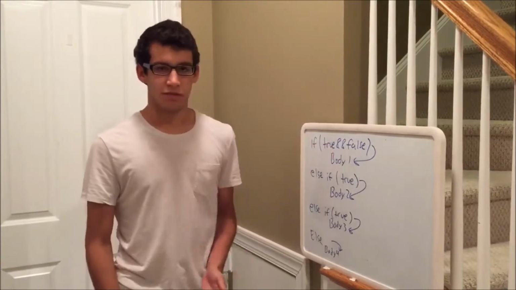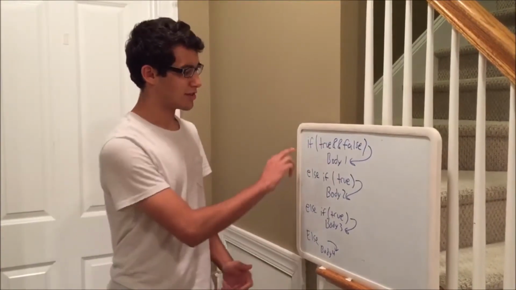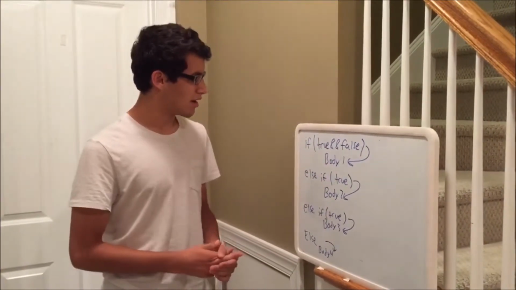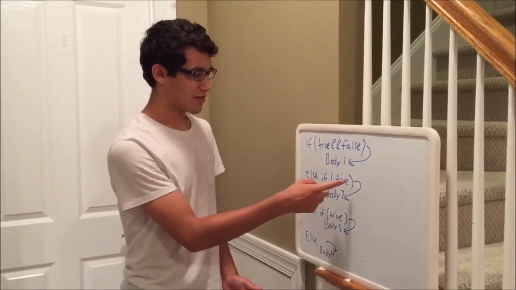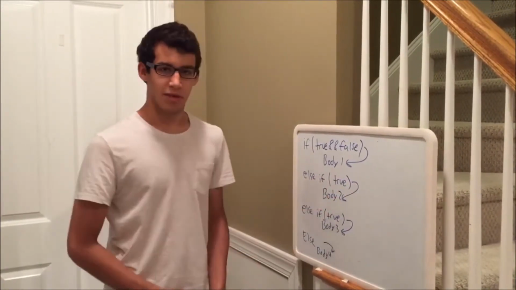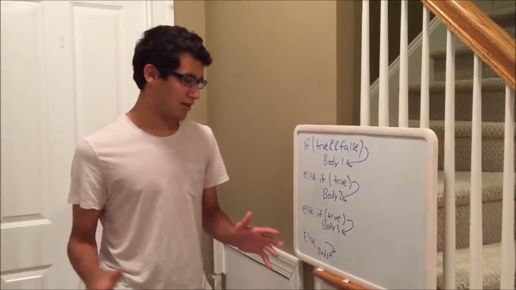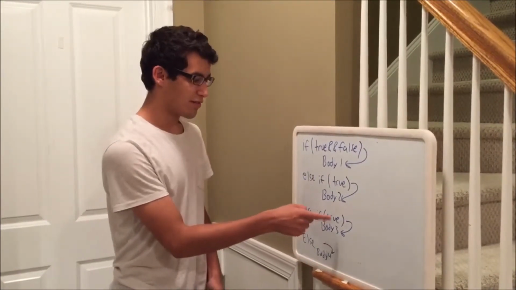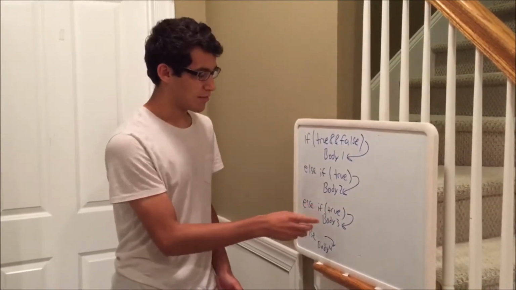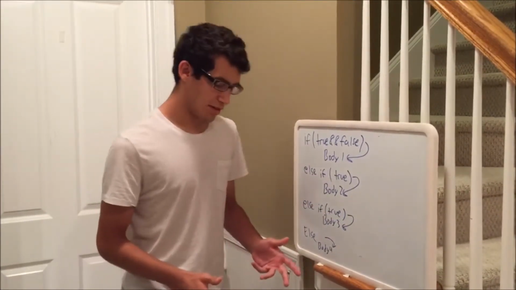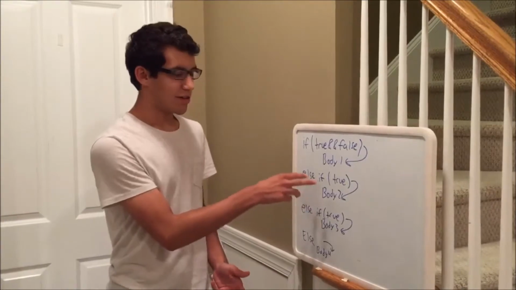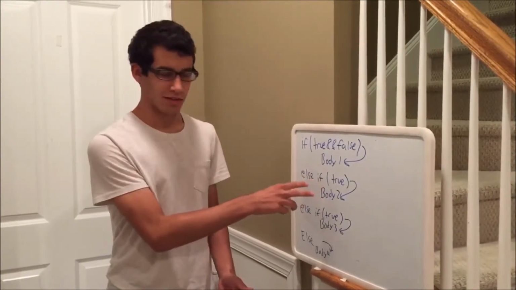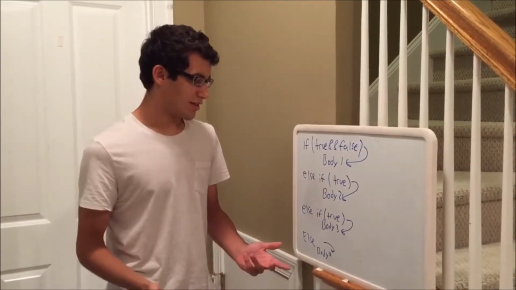We know that true and false evaluates to false, so that will not be executed. The second else if is true, so then it's going to execute body 2 and then break out of the decision. So even though this third else if also evaluates to true, body 3 will not be executed, because once one evaluates to true, that's the one that's going to run.